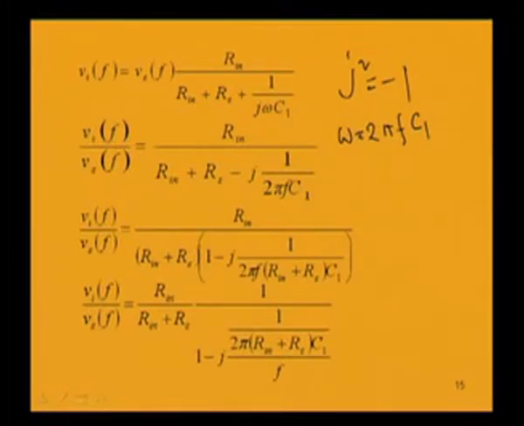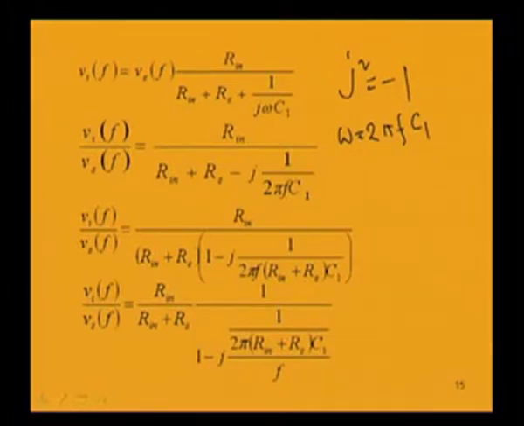That can be further reduced to another expression by writing as a common Rin plus Rs, taking this common in the denominator, it will be 1 minus j into 1 by 2 pi f into (Rin plus Rs) into C1.